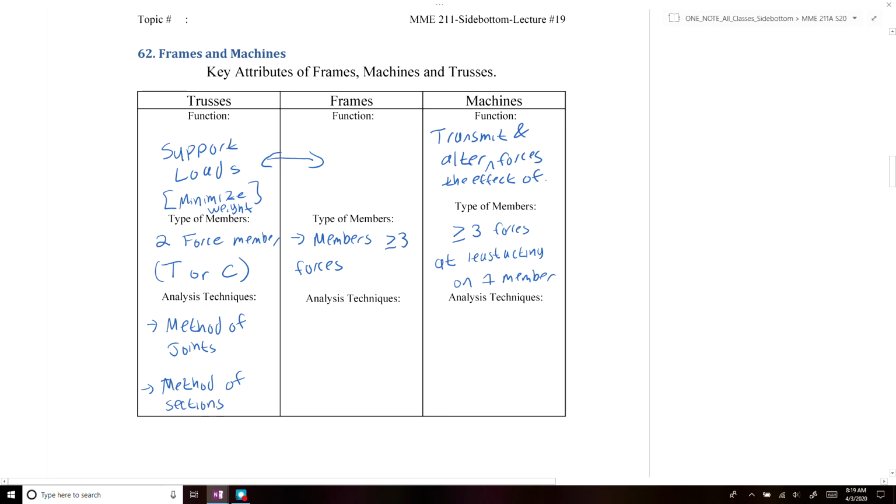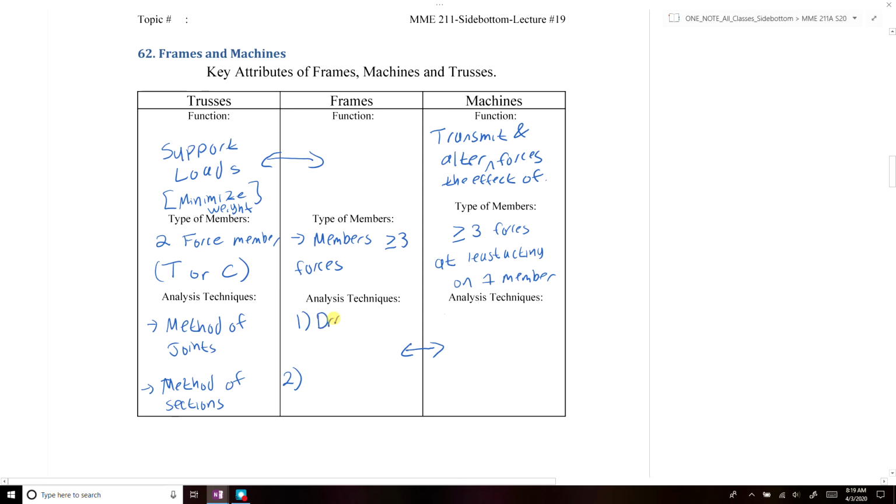For frames and for machines, they will share the very similar analysis. They will share the same analysis technique. It'll be slightly different from what we've done before, but it's not too different.